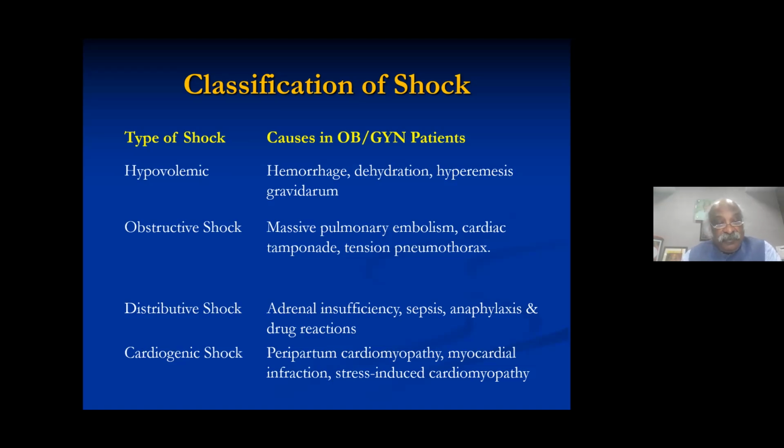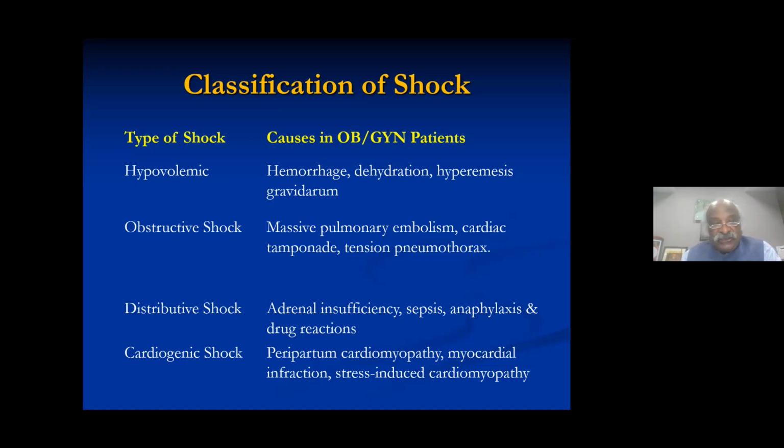Third is distributive shock: adrenal insufficiency, sepsis. Septic shock is the brightest example of distributive shock, along with anaphylaxis and drug reactions. These are related to volume, but the intracorpuscular volume is transferred to extracorpuscular spaces, and therefore there is a variation of the different parameters and tissue perfusion.